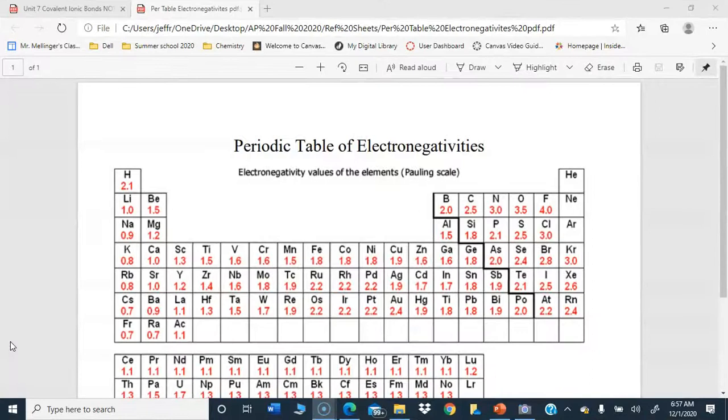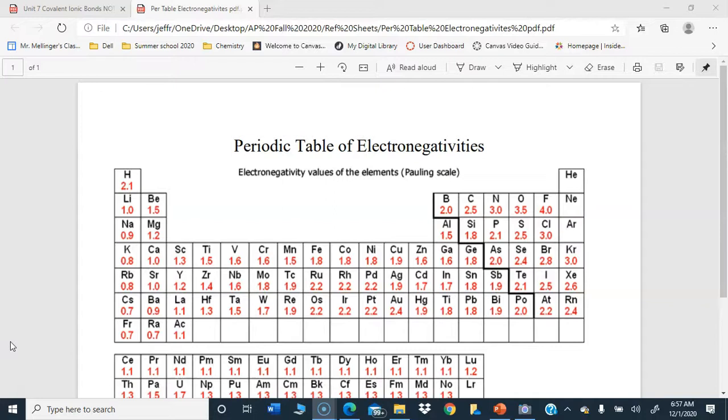If you have a binder, this will be in the reference sheets in the binder that you have. And so we're dealing with A, we're dealing with carbon. So write down what its electronegativity is. For carbon, it's 2.5, that's C. And for bromine, Br, you see it over on the right, fourth row, and it's 2.8.